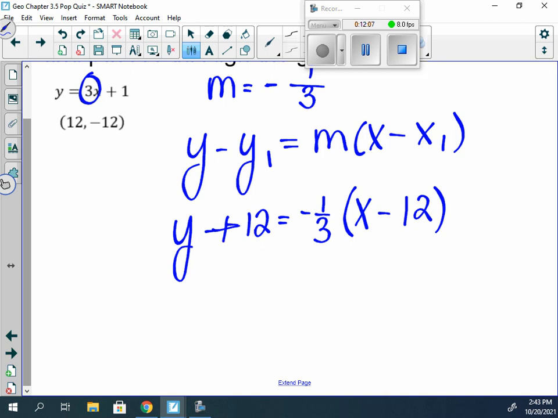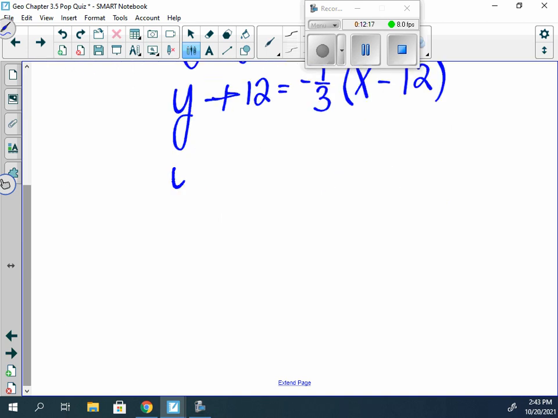Over here, negative, negative 12. The negative and negative make a positive. Over here, we can distribute the negative 1/3, which will tell us y plus 12 is equal to negative 1/3 x. Negative and negative would make a positive. 1/3 times 12 is... Wait, why would it make it a positive?